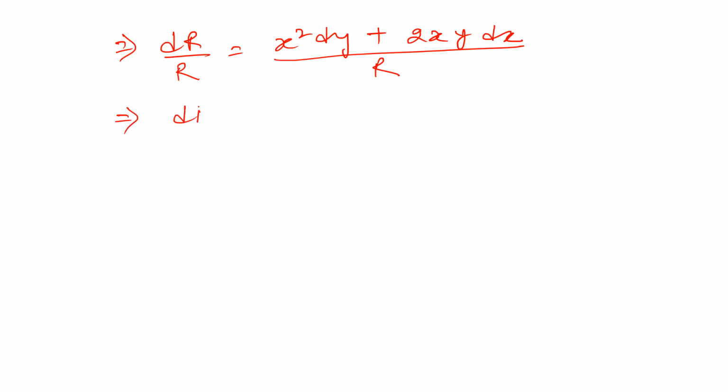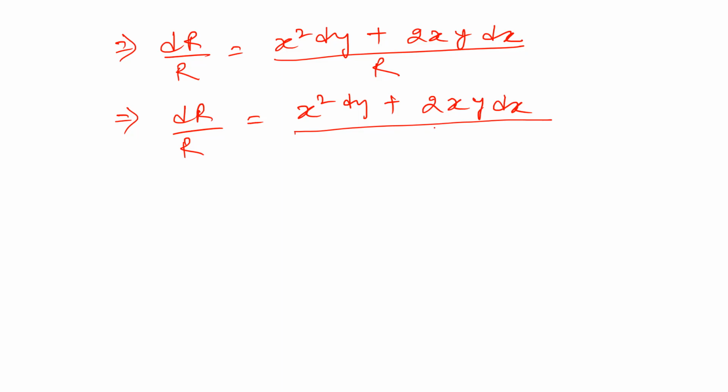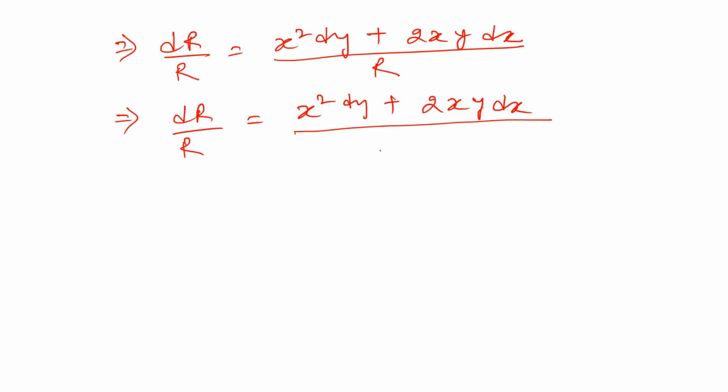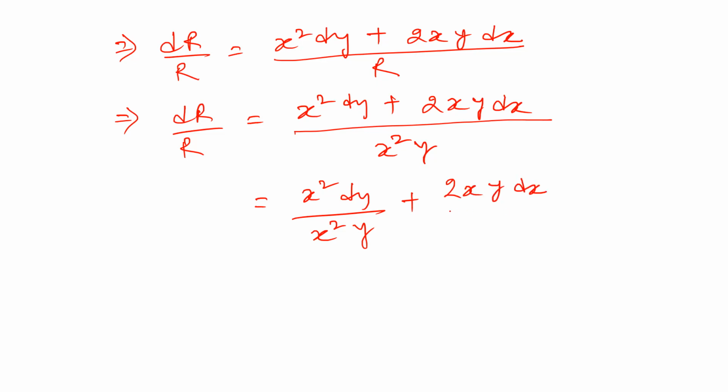Now it should be dr/r equal to x square dy plus 2xy into dx divided by, what was the value of r? The value of r is x square y. Now I should substitute here x square into y. Now I should divide it by parts. Now it should be x square into dy divided by x square into y plus 2xy into dx divided by x square into y, right?